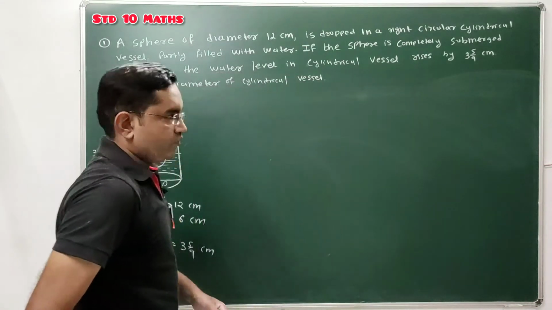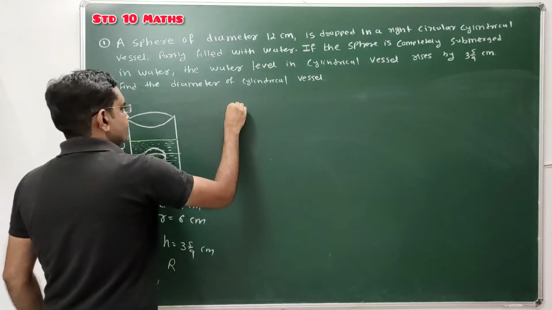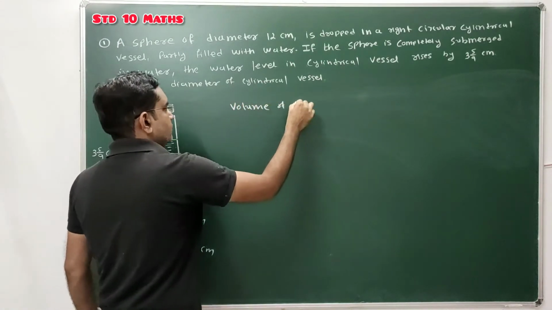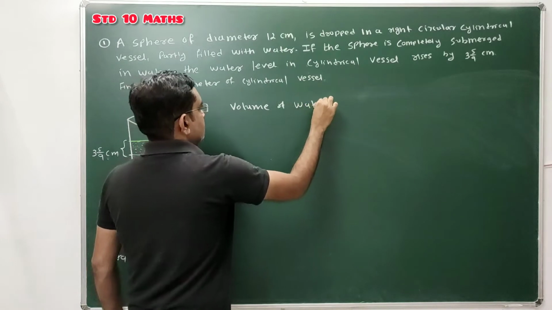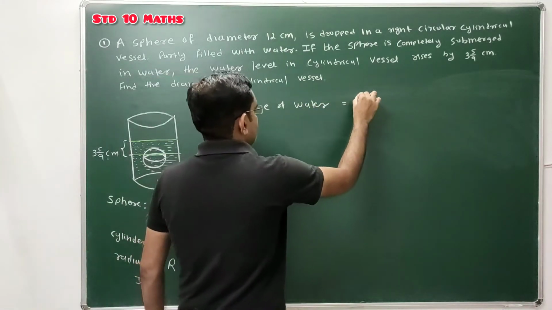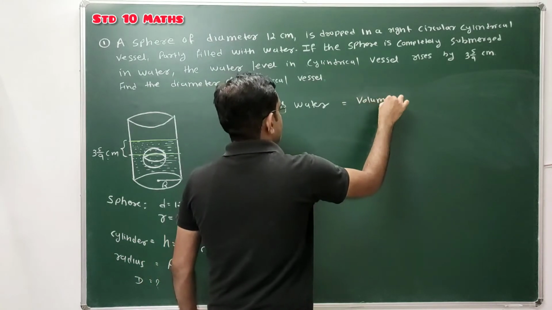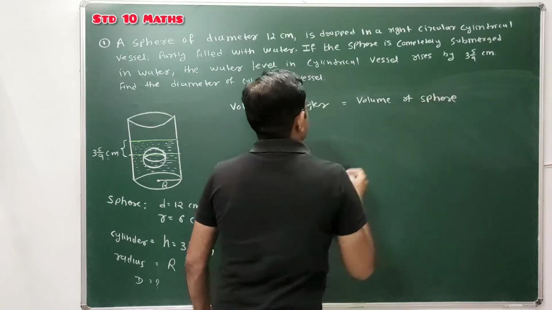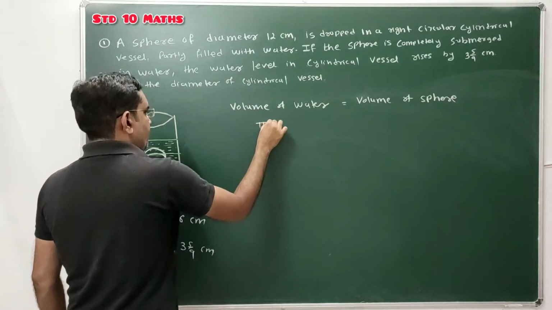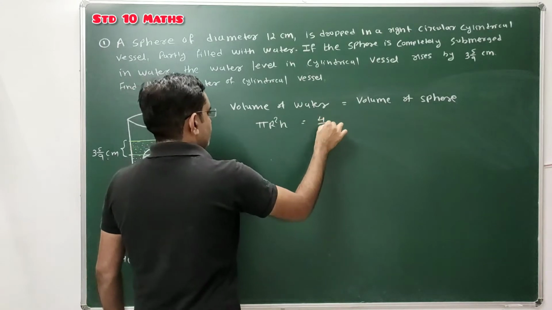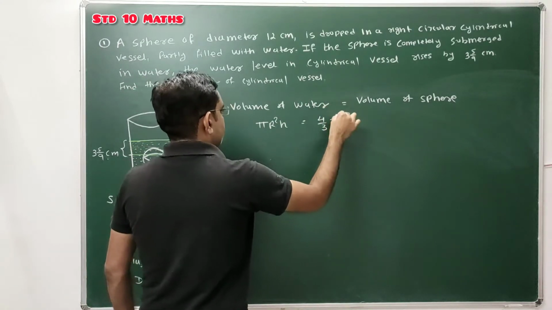So volume of water is equal to volume of sphere. This one is pi R square h, and this is equal to 4 by 3 pi r cube.